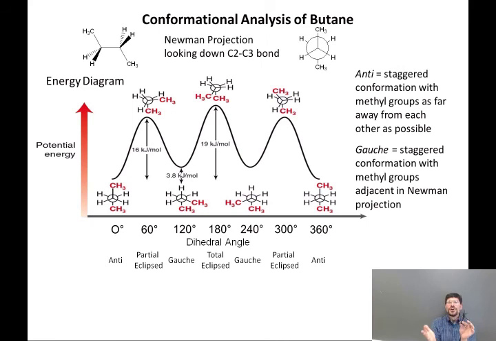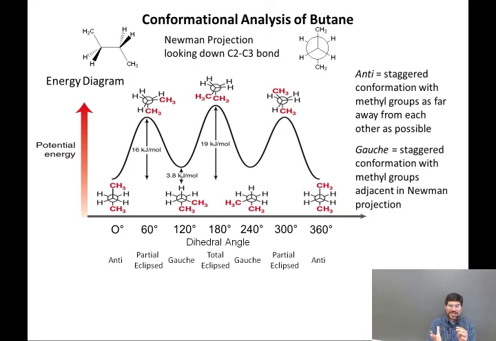Gauche is a French word. It translates literally as left, but people who have studied French may also realize that gauche also translates more figuratively as being wrong. And relative to the anti-conformation, the gauche conformation is kind of the wrong conformation because these methyl groups are closer to each other.